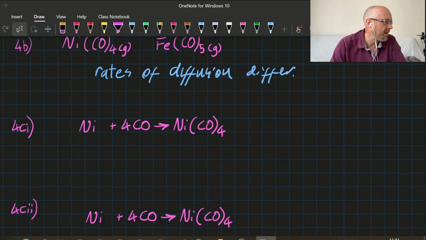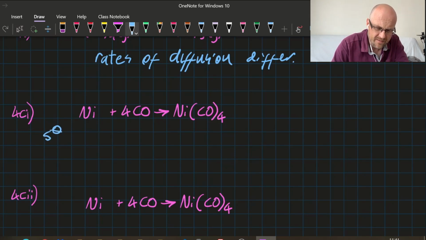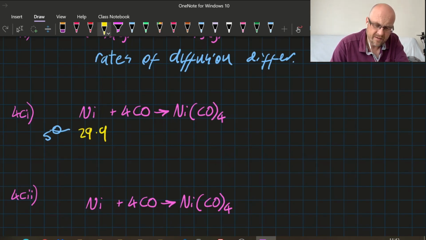Okay, so we're doing some entropy change. I'm sure we're going to do S and H and G, and the classic tricks are going to come up. All right then, so I'm just going to write down the values for entropy underneath. Nickel is 29.9, carbon monoxide is 197.6.